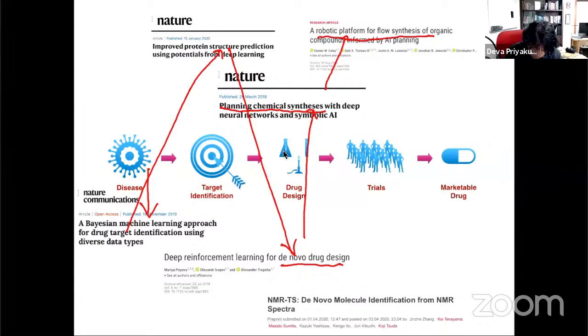And then, once I synthesize, what do I do? I take the molecule and have to confirm, characterize, right? So what if there is an algorithm which can take all the spectra of the product here and do the characterization for you, right?